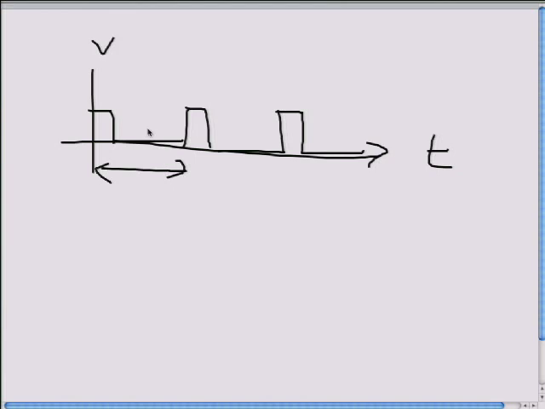So you give it another little boost, and you stop giving it a boost, and you give it another little boost. And if you turn it on and off fast enough, just because of the inertia, the motor actually acts like a low-pass filter. It's going to turn at a pretty steady rate, as long as you turn it on and off fast enough, right? So as a consequence, you can control a motor very simply. If you want it to go faster, just give it a longer boost each time.